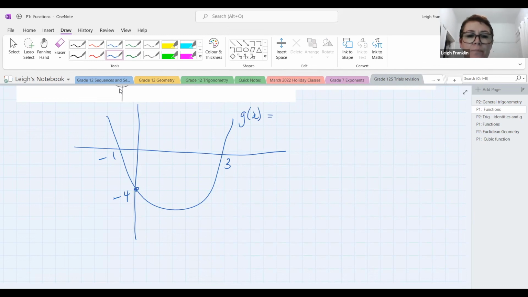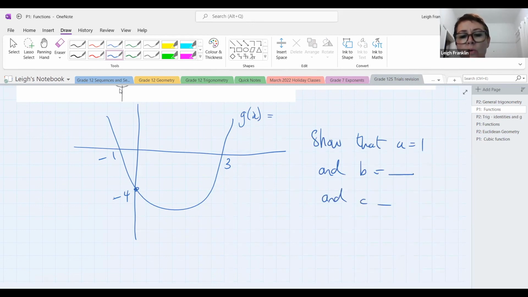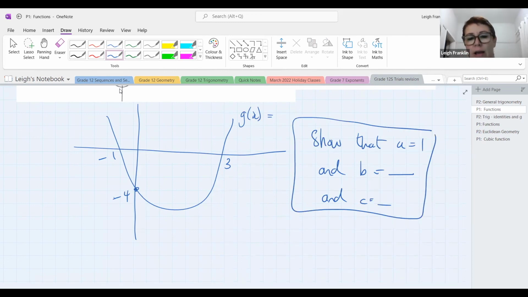And they want you to show that A equals 1 and B equals whatever and C equals whatever it might be. You've got to pretend like you didn't know that they gave you that information, Kaiser.